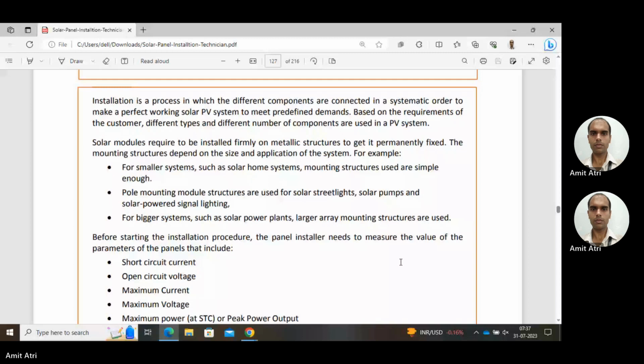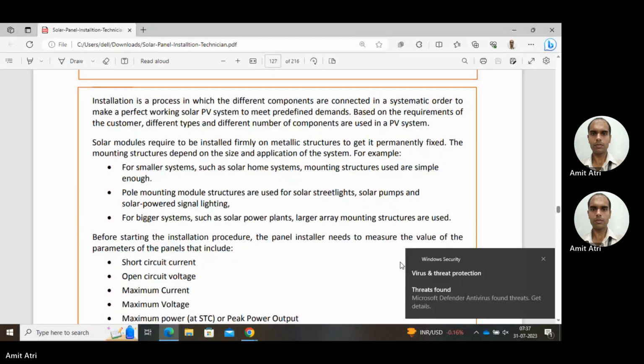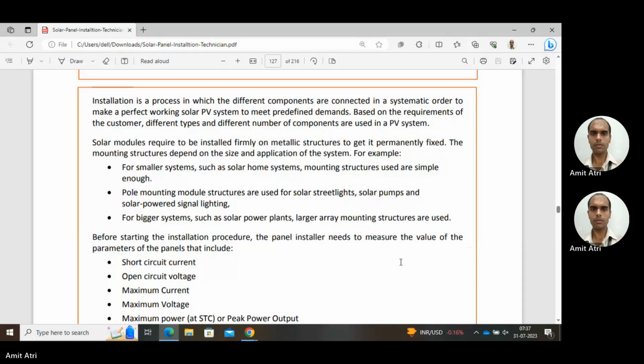Like if we only need a grid connected system, we don't need a battery. Or in case our load is DC, then we don't need the inverter, because it depends on the load and our requirements. As per that, we design and install our system.